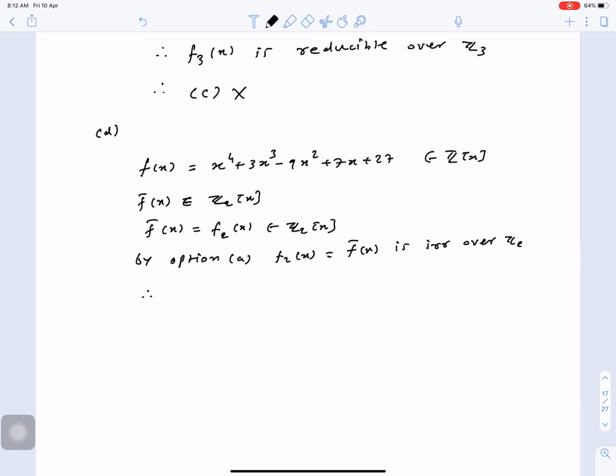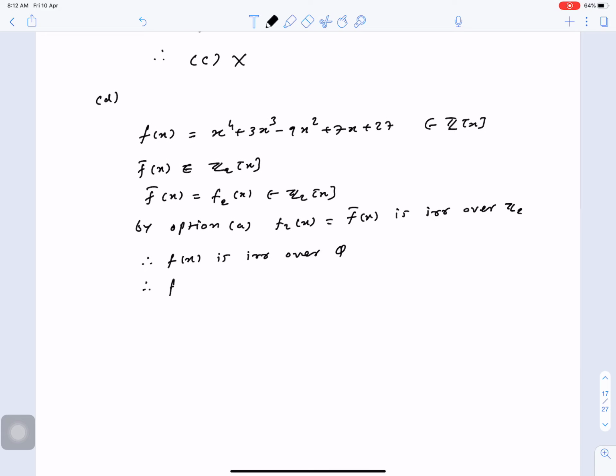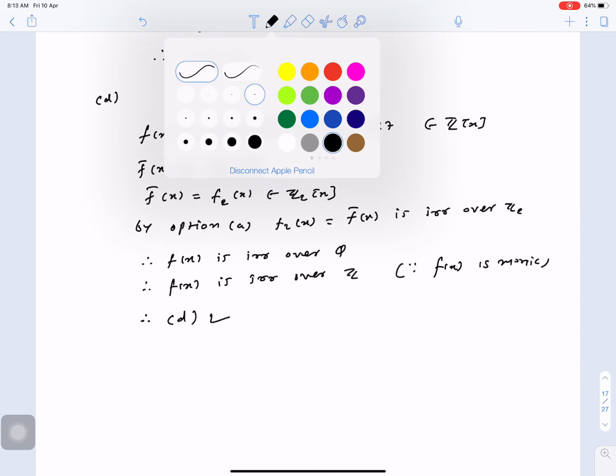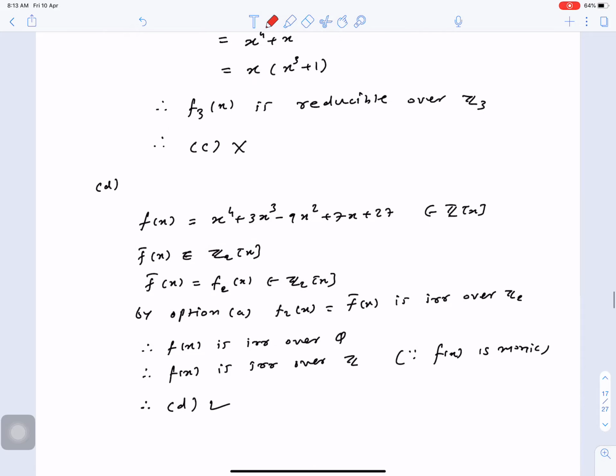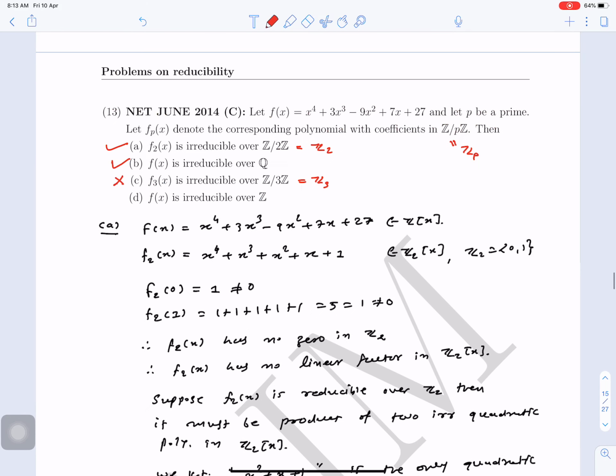So therefore f(x) is irreducible over Q. So therefore f(x) is irreducible over Z, because f(x) is monic. So therefore option D is correct.